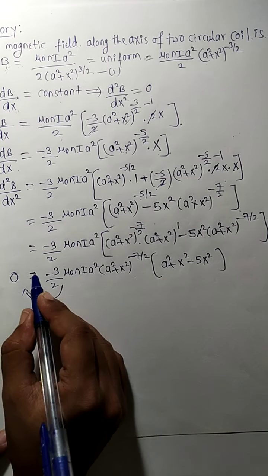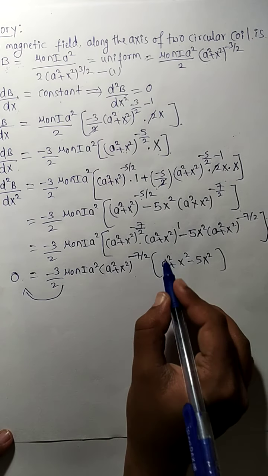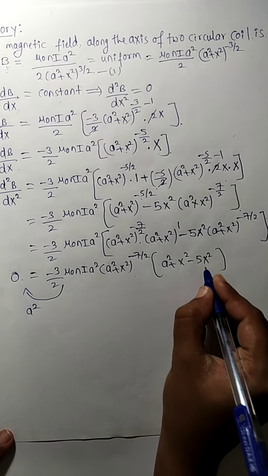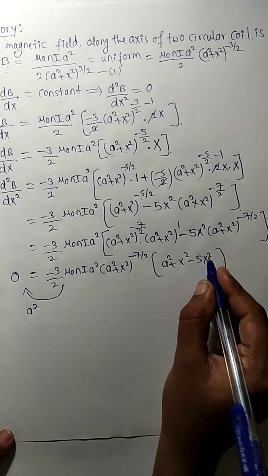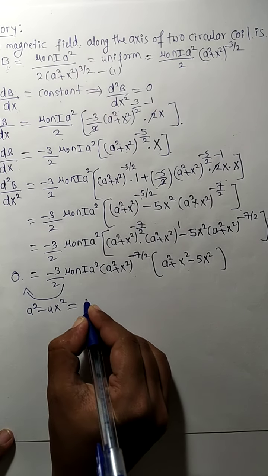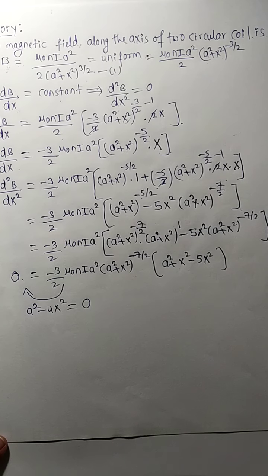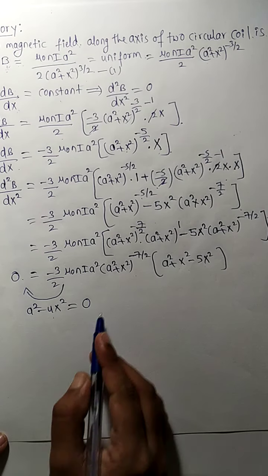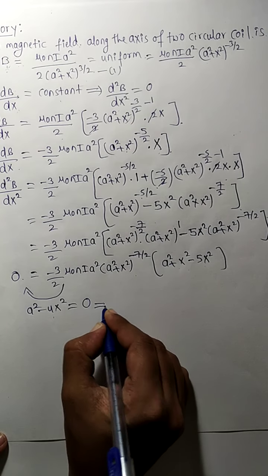We are getting this is equal to what? 0. Meaning what will be this quantity? This is a square plus x square minus 5x square, which becomes how much? Minus 4x square, which is equal to 0. Directly we can write, isn't it? Because all the terms we transferred to this side. So if it is the case, what we will get?